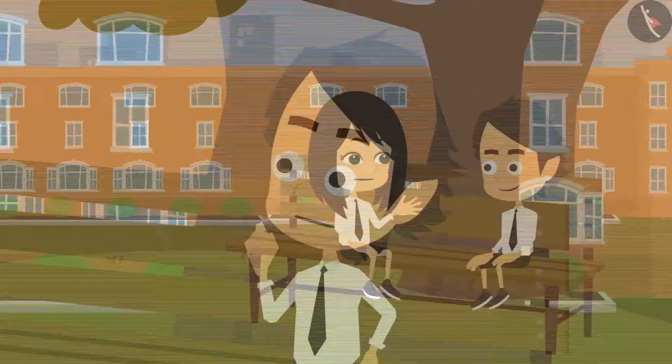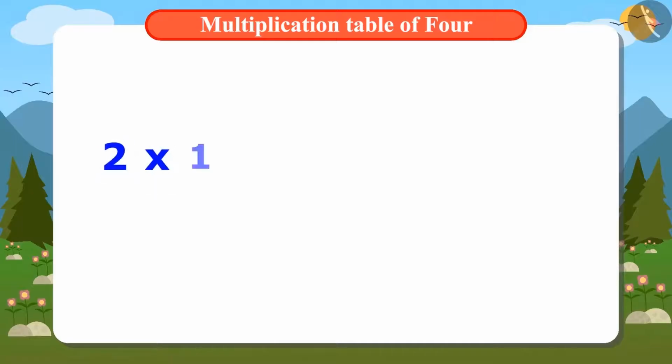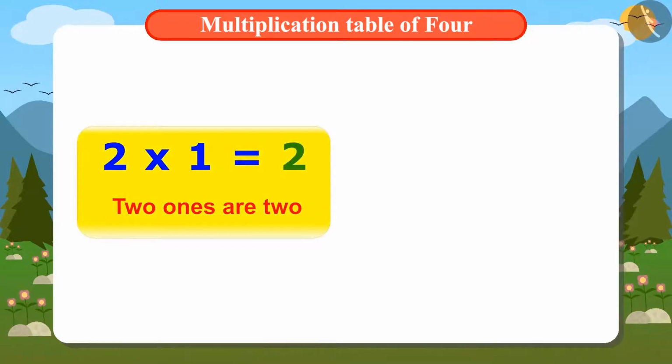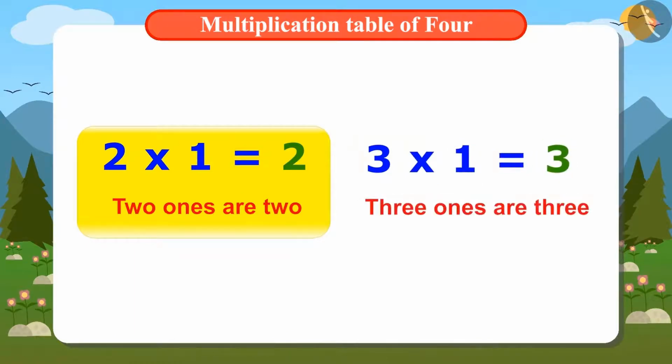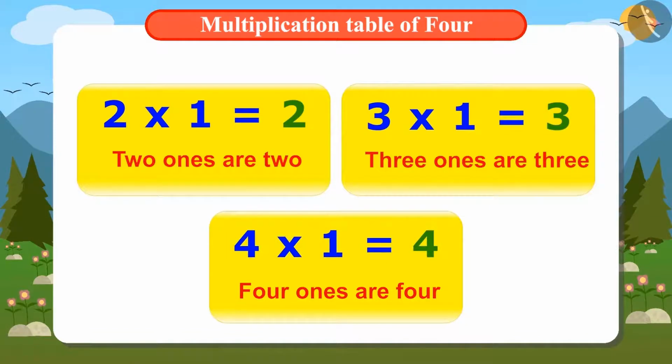Ones means? Ayushman, we sing to memorize the tables easily. That's why 2 times 1 equal to 2 is read as 2 ones are 2 and 3 times 1 equals to 3 is read as 3 ones are 3. Oh, that means 4 times 1 equals 4 is read as 4 ones are 4.